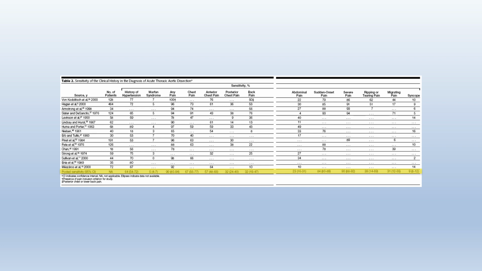So these are various studies which have been done, and the history of hypertension as outlined is 64, Marfan syndrome 5, any pain 90, back pain 22, abdominal pain. So there is a degree of variation in the type of presentation and sensitivity of these pains.